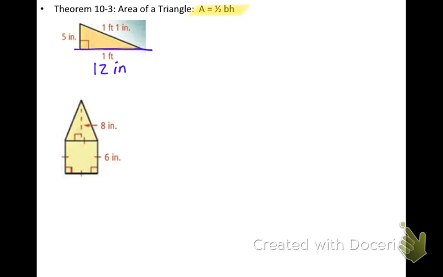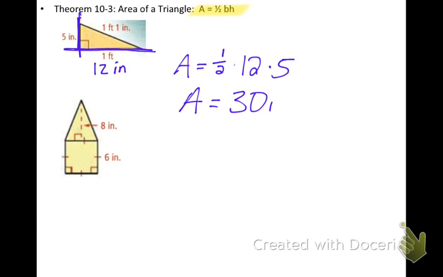Let's say this is my base. My bottom is 12 inches, so area is equal to 1/2 times 12. And then my height, perpendicular to that bottom, is going to be my vertical side, and that's going to be 5 inches. So I'm getting the area to equal 30 square inches.